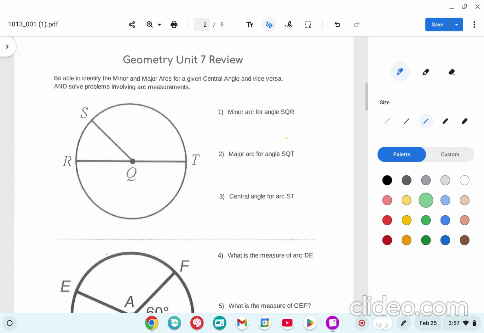We can see that angle SQR is located right here. There we go. SQR is the angle.